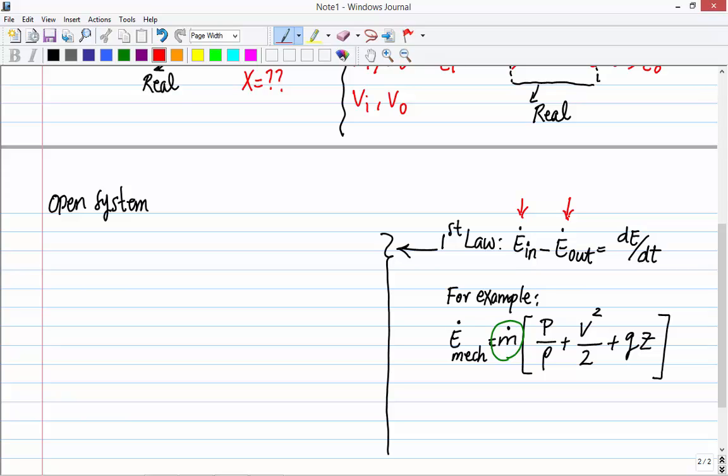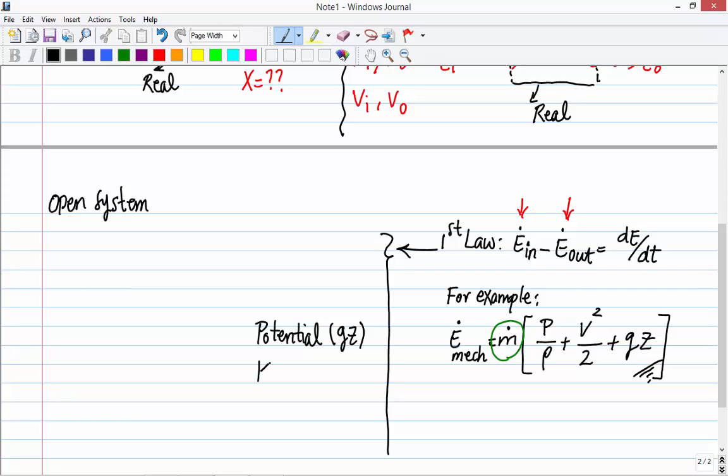Okay, like here you see gz, this is potential energy, right? So potential energy is represented by gz.